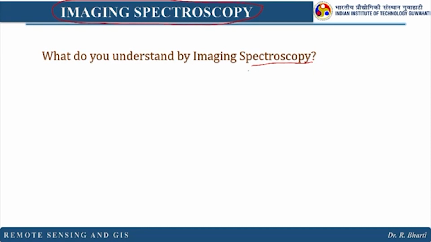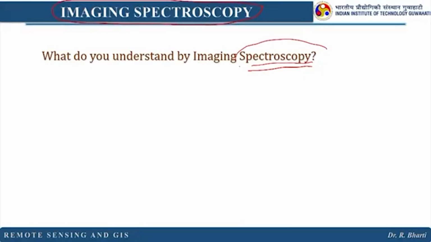So, you have already understood this spectroscopy component using a spectroradiometer, and there are many other instruments which are used to derive the absorbance or transmittance or reflectance or emitted spectra, right. Once we analyze them, that is known as spectroscopy, right. But in imaging spectroscopy, what extra information will you have?